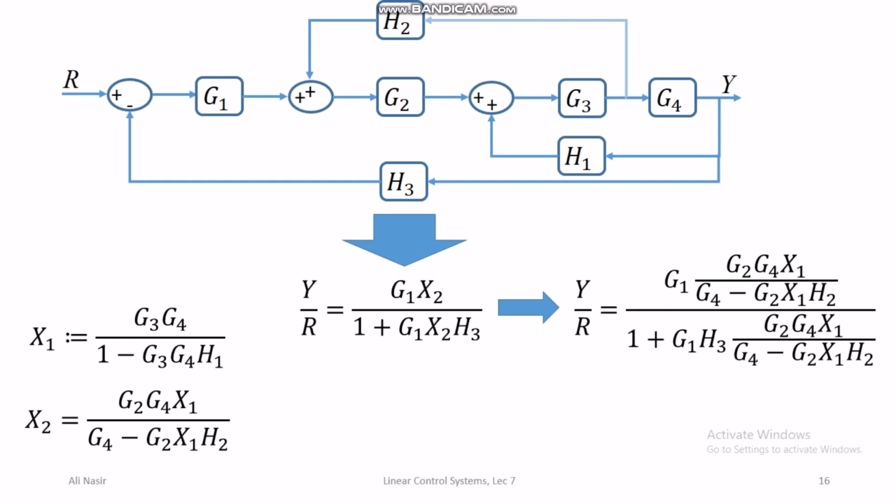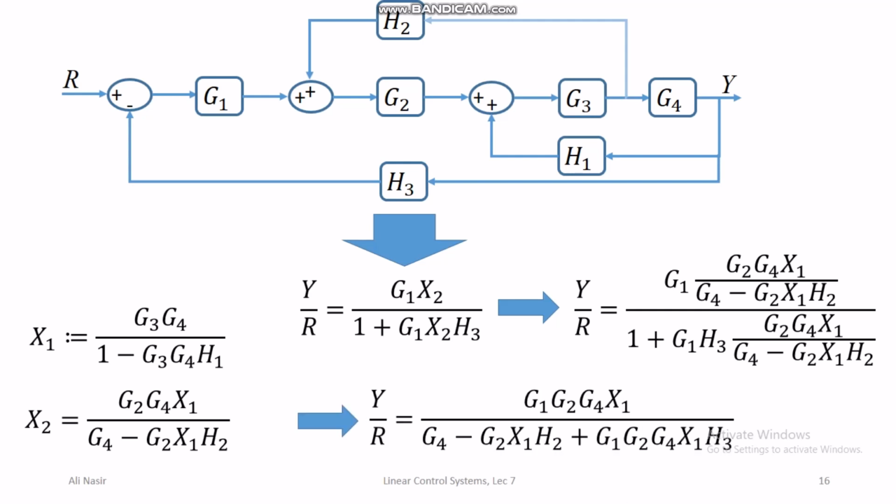If we take g4 minus g2 x1 h2 as LCM in the denominator, then the LCM would be cancelled out with the term in the numerator. So the expression will become like this: g1 g2 g4 x1 divided by g4 minus g2 x1 h2 plus g1 g2 g4 x1 h3.